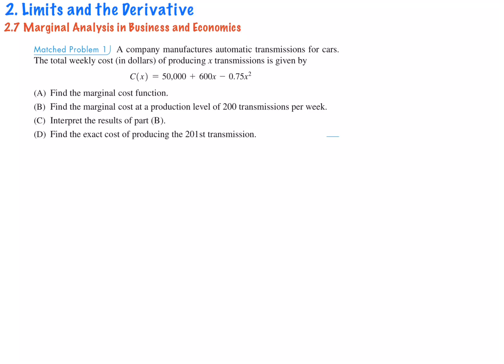Again, based on the definition, the marginal cost will be C prime of x, and we have learned how to get the derivative. 50,000 will be equal to 0 when you take the derivative, and 600x will be 600, and then negative 0.75x squared will be 0.75 times 2 times x to the power of 2 minus 1, so it will be 600 minus 1.5x.